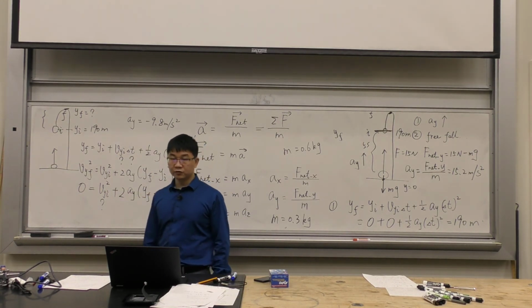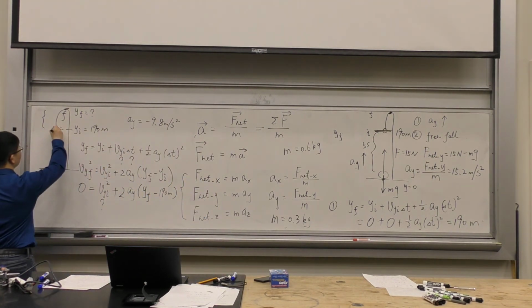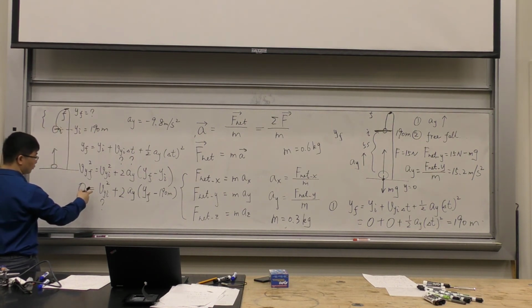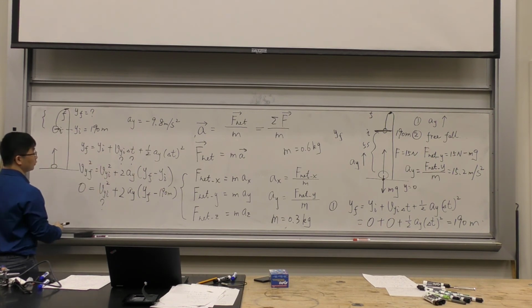Then, how do I find VYI? There's no way you can find it in the second process, because if you want to use this, you have already used these two equations. They don't give you VYI.